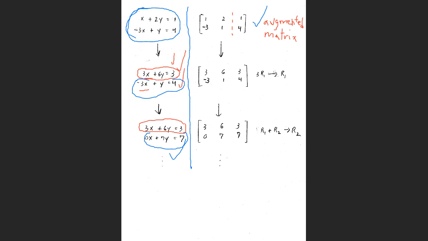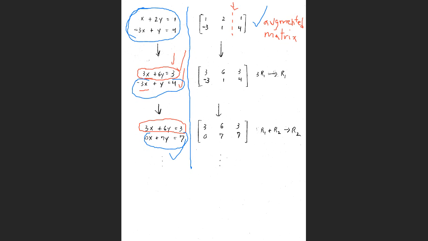In linear algebra, in the context of our book, they don't put these dashes in. You're welcome to when you show your work, like for tests and things like that.